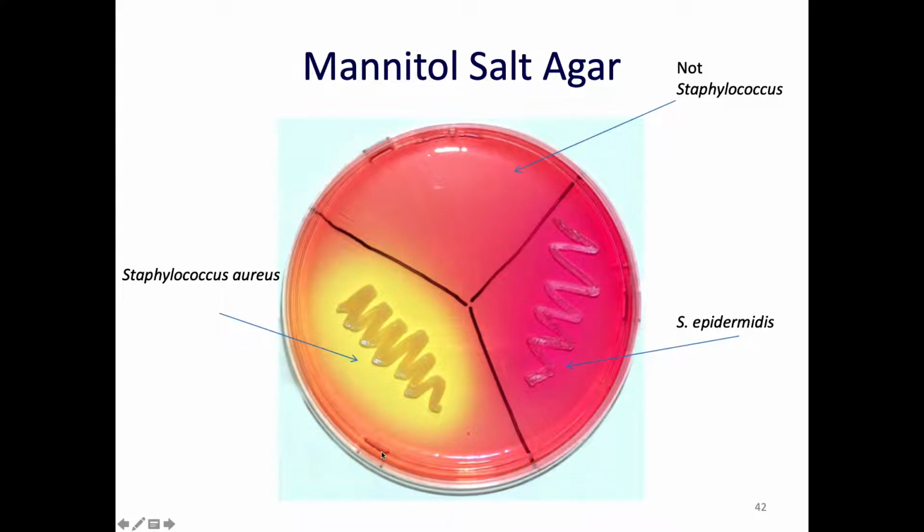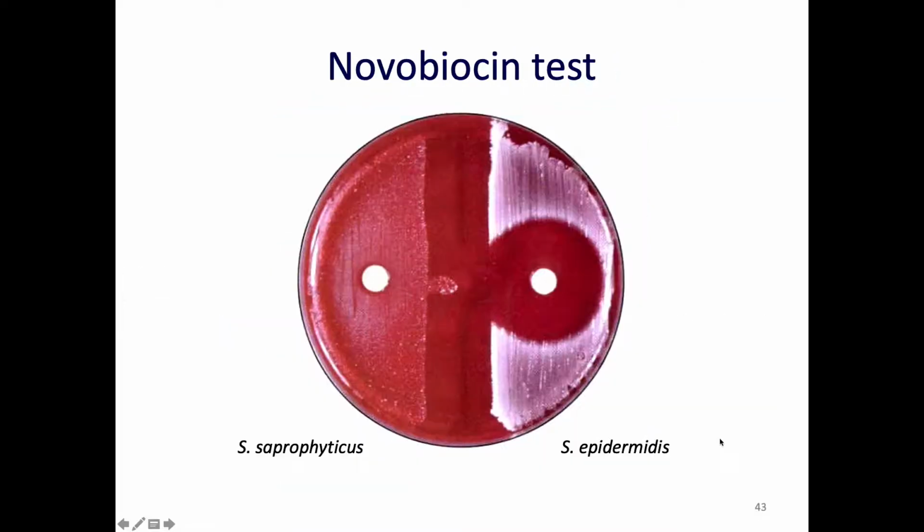It is not because of alpha or beta toxin, it is because of the changes in the pH. Staphylococcus epidermidis grows, but it does not change the color of this media.